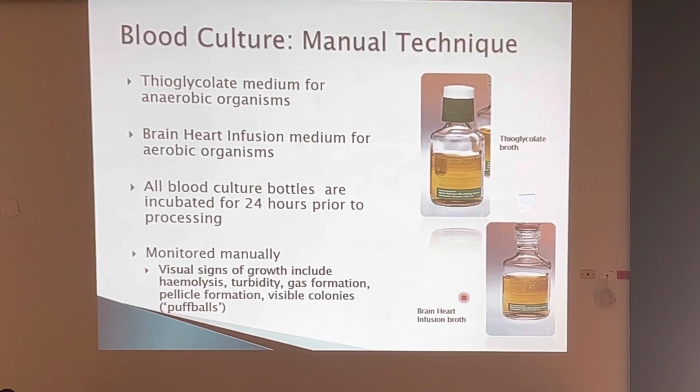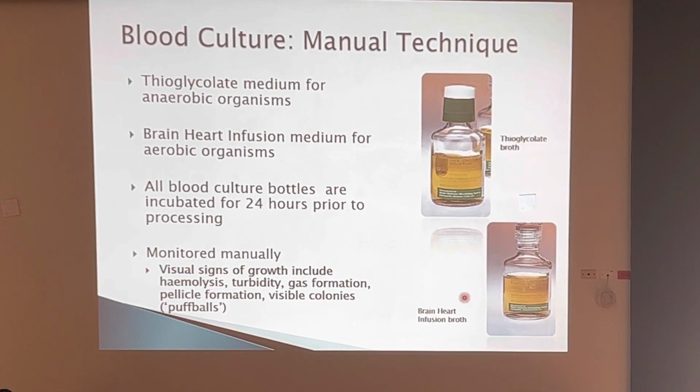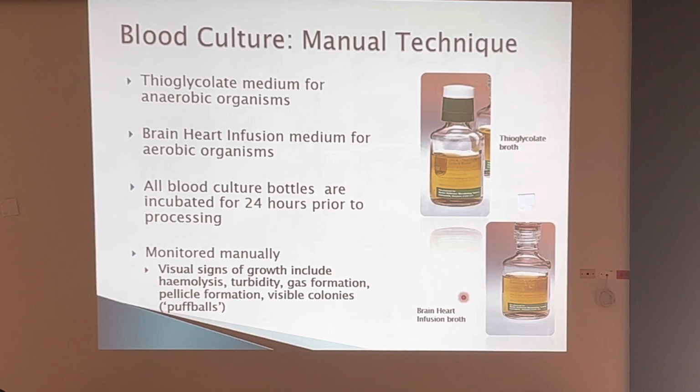After placing them into the incubator for 24 hours, every 24-hour interval we're going to visually observe these bottles for any sign of growth. Visual signs of growth include hemolysis, so the blood may become hemolyzed. We may see turbidity or cloudiness.